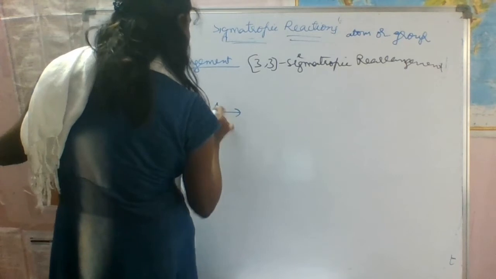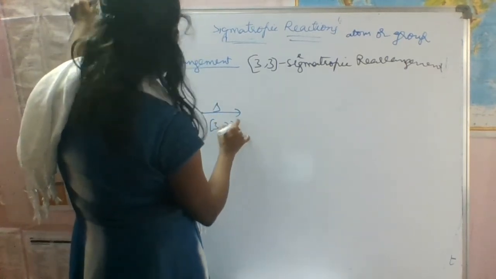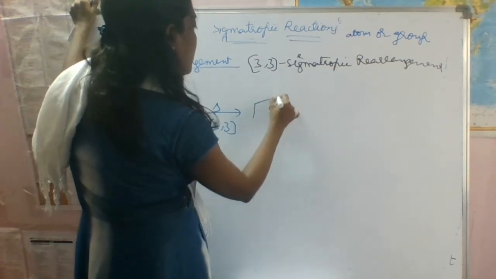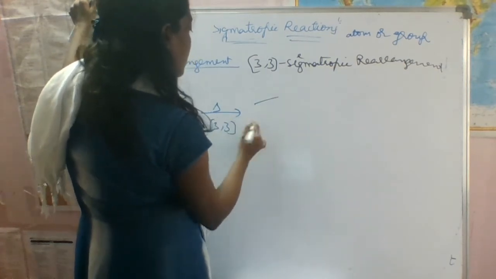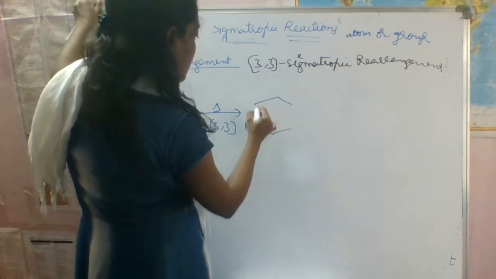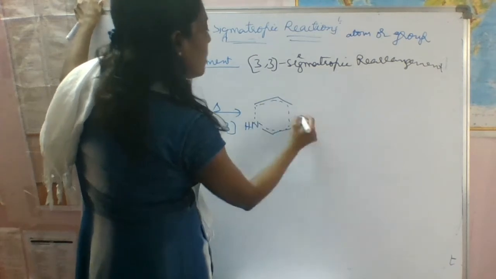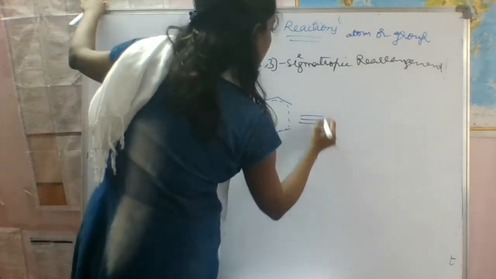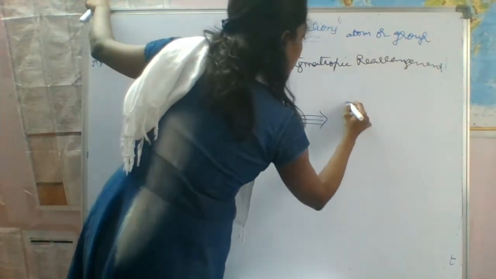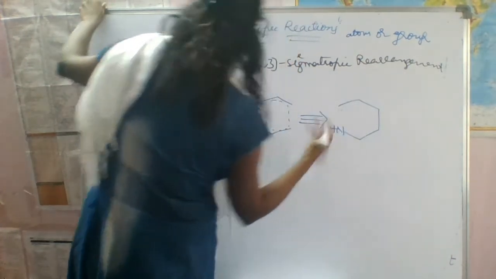This undergoes 3,3 sigmatropic rearrangement. NH is there. Next, the transition state is developed in this one. Next it will give the NH, right?